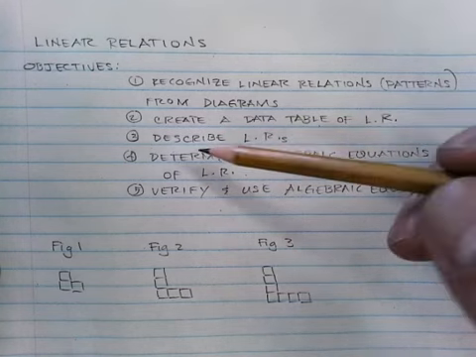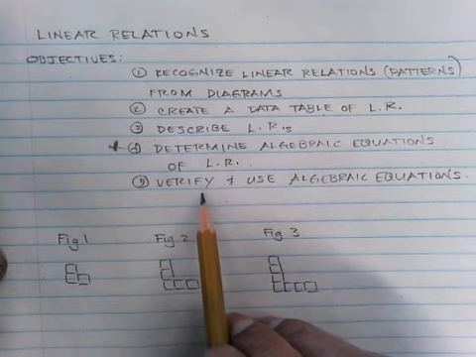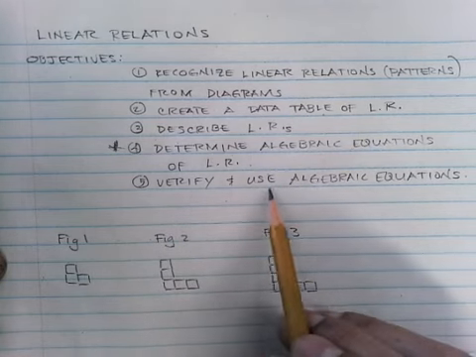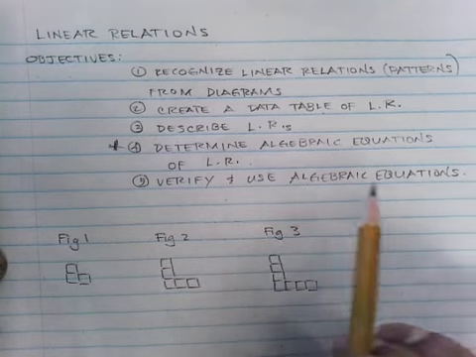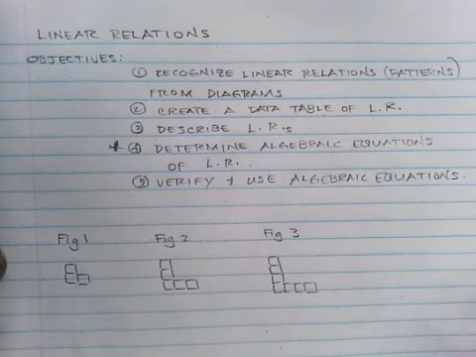And if you did determine the algebraic equation, verify and prove that it works for the entire data set, and be able to use that algebraic equation to answer questions, of course.